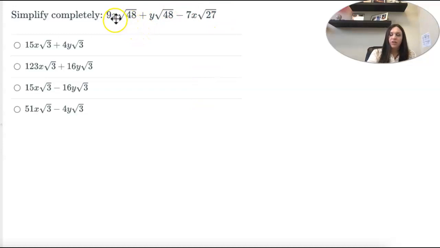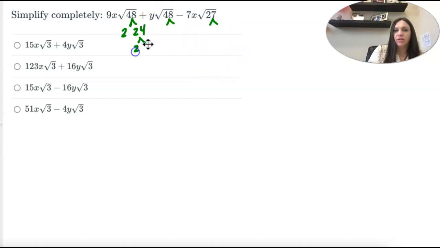Again, we could add the first two, but let's simplify all of these and see what we get. So 48: 2 times 24, 24 is 2 times 12, 12 is 2 times 6, 6 is 2 times 3.